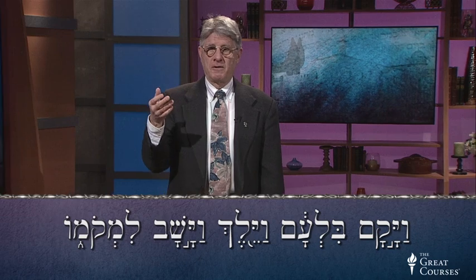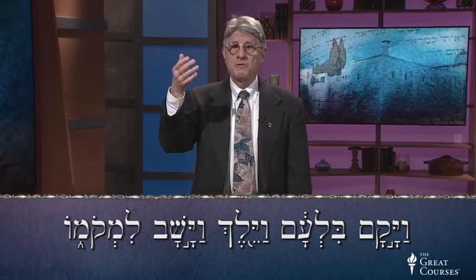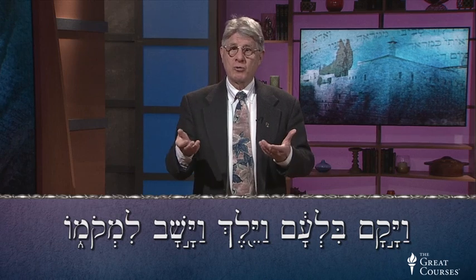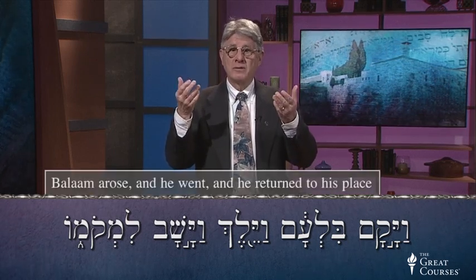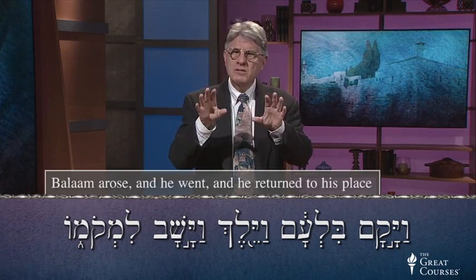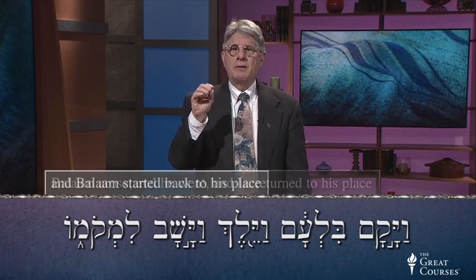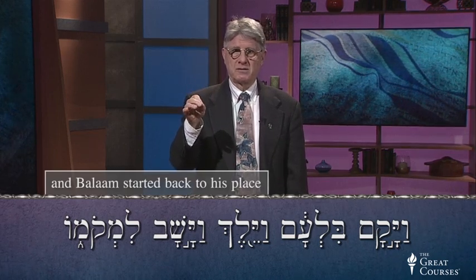So you could translate Numbers 24:25, Vayakom Bil'am vayelech vayashov limkomo, quite literally as Balaam arose and he went and he returned to his place. But it really means something more like, and Balaam started back to his place.